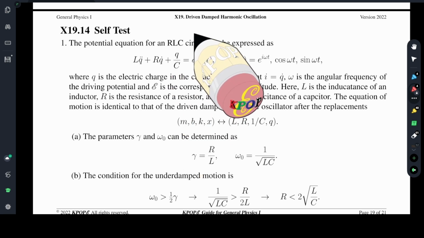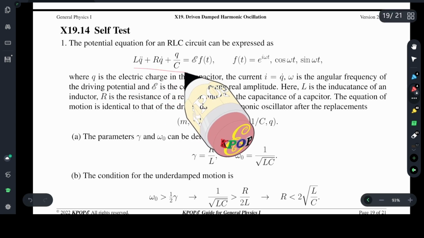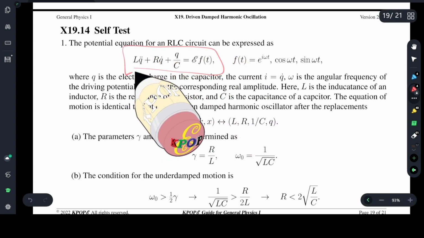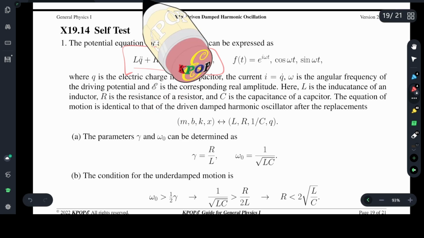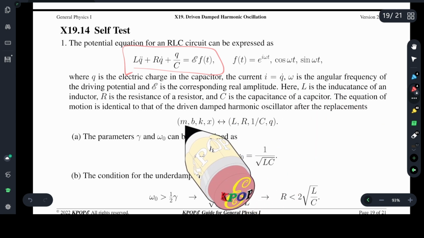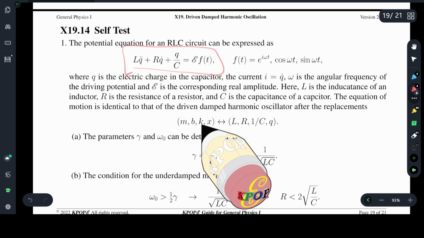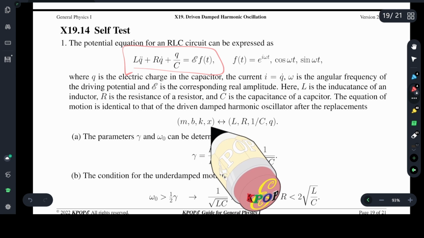These are carbon copies of what we have done with resonance. This RLC circuit: next semester, you will learn how to write this circuit equation. It is an equation for the potential of the electric circuit. It is exactly the same as what we have done with mass, damping force, restoring force, and position.